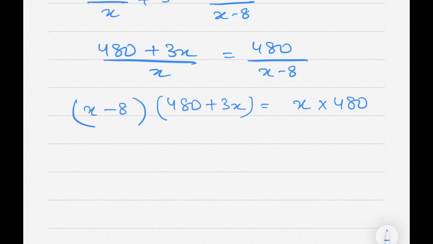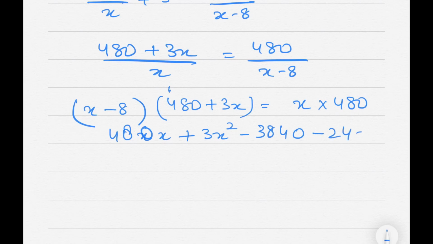Now let's multiply binomial into binomial. So 480x, and this would be plus 3x², minus 8 times 480, that is 3840, right? And then minus 24x is equal to 480x.